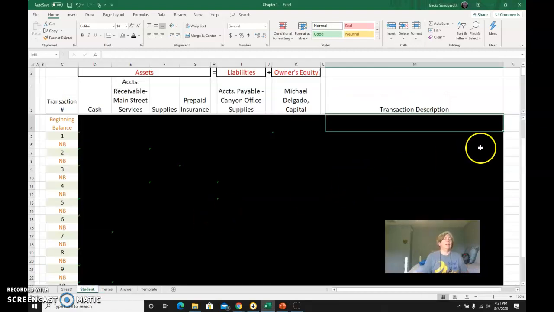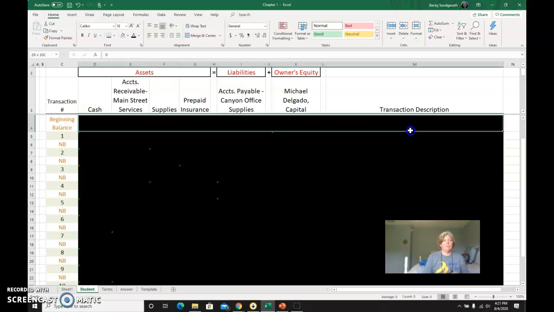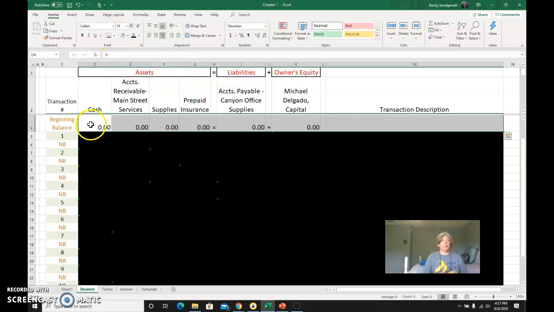So I'm going back now to this spreadsheet that we have, that you've set up. So first we're going to say that on January 1st, the business has nothing in any of these accounts. Okay? So again, Main Street Services is a customer that we sell to and will receive later. Accounts payable, Canyon Office Supplies is a vendor or a creditor because we're going to pay them later when we buy on account.